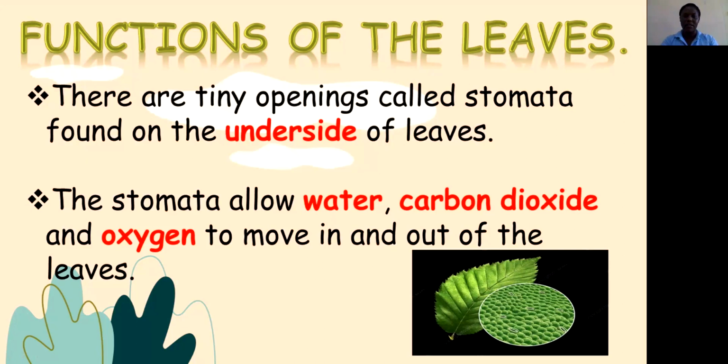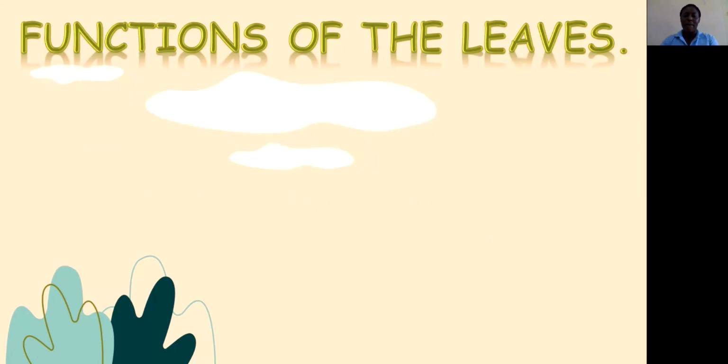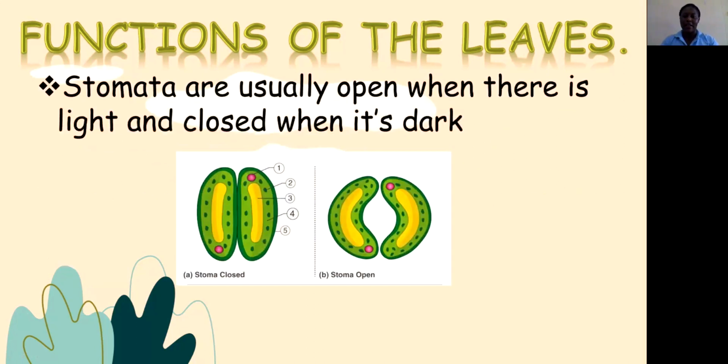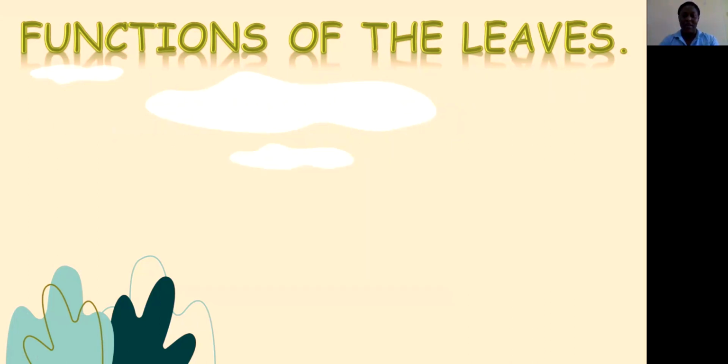Here we say that the stomata allow water, carbon dioxide, and oxygen to move in and out of the leaves. That is why at night they are closed, because they can't make their own food without sunlight. So they must use sunlight, and that is daytime, to make their own food. Okay.